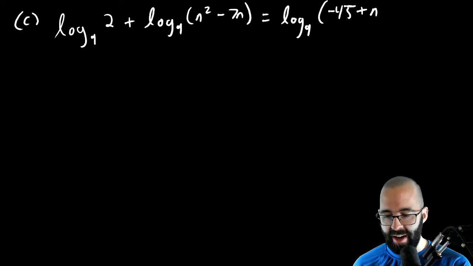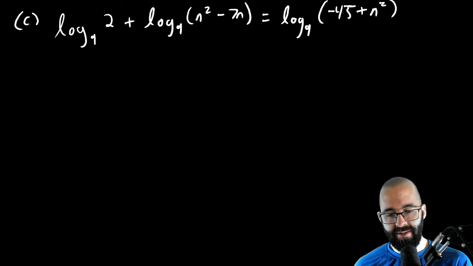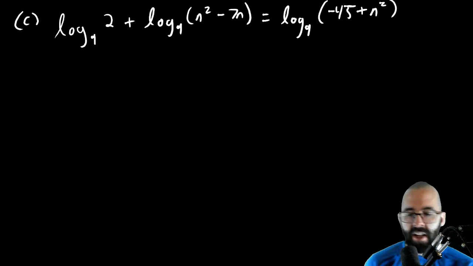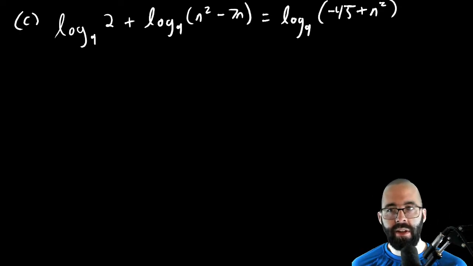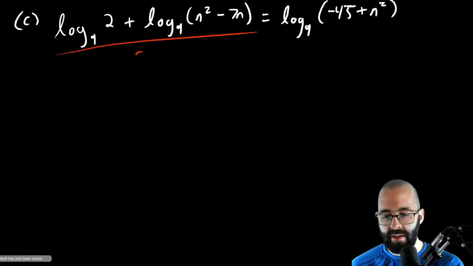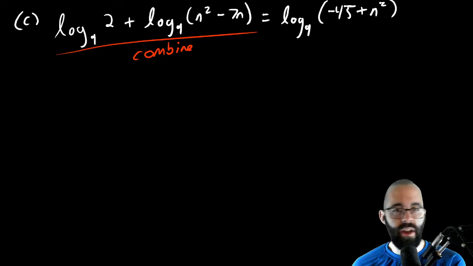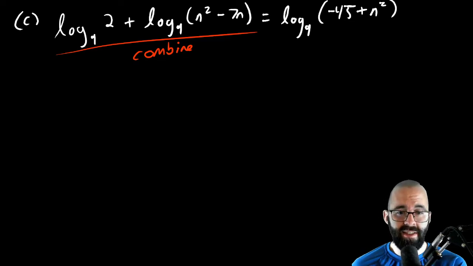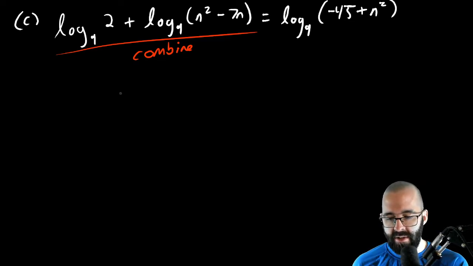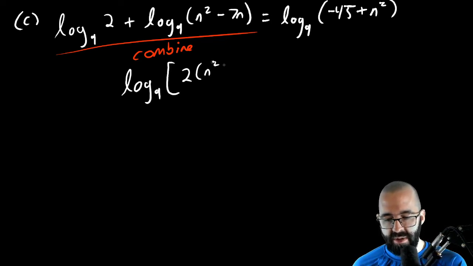It's supposed to be n squared up here. And again, we need two logarithms equal to each other, so we need to combine. They all have the same base, which is good. Otherwise, we'd have to use the change of base formula. So this becomes log base 9, product rule, 2 times n squared minus 7n.